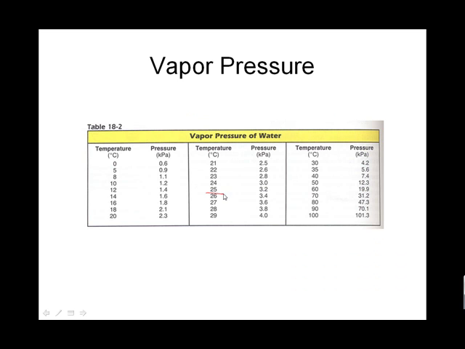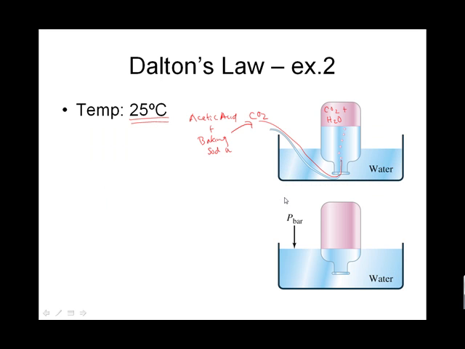And at 25 degrees Celsius, the pressure of water vapor is 3.2 kPa. And I know that the air outside, so actually this is after the lab, this is a CO2 with water.